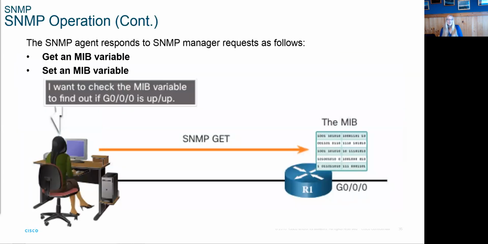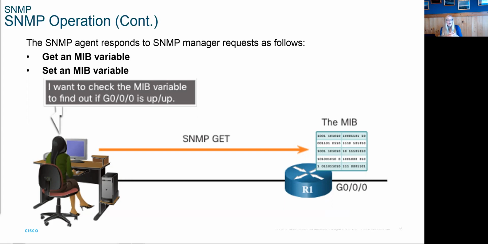And get. So we can do a get MIB variable, and the SNMP agent is going to perform this function in response to a get request PDU from the network manager. The agent's going to retrieve the value of the requested MIB variable and then respond to the network manager with that variable.